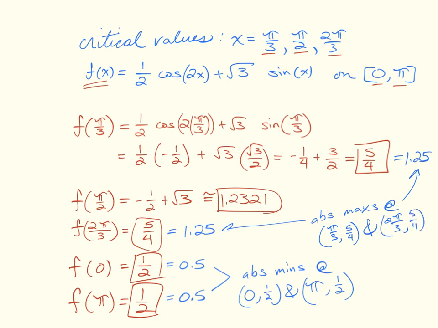Now, if you decide to use the decimal approximations for these, that's fine, because 5/4 is exactly equal to 1.25. However, if you get something like a third or a seventh in the denominator, you need to use the exact fractions. I tend to use the fractions regardless, so here are the answers for the absolute mins and the absolute maxes for this function on this interval.